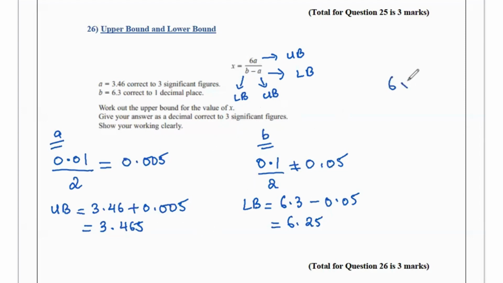So 6 times 3.465 divided by 6.25 minus 3.465. That gives us a value of 7.46. This is your upper bound of x correct to 3 significant figures.